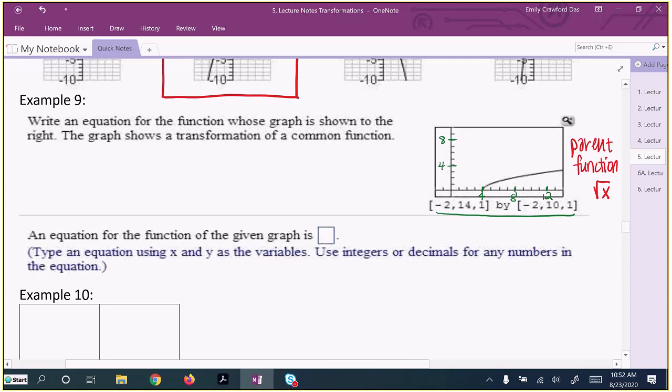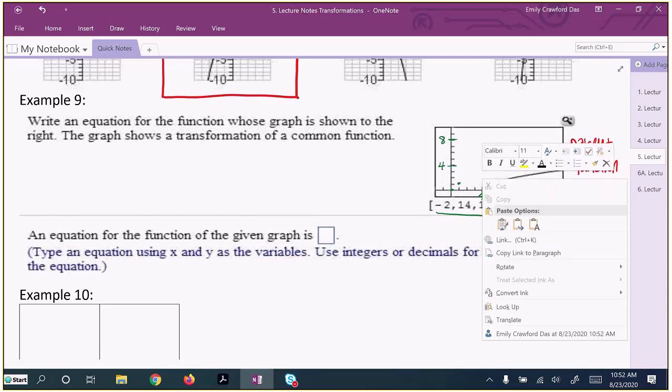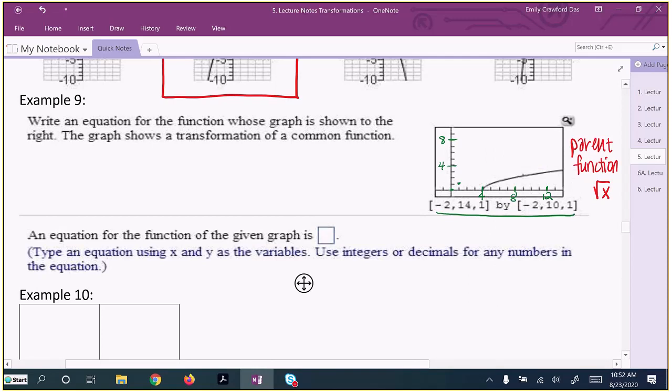So we know that the parent function square root of x does start here at the origin, and it would have the point 1, 1, and it would have the point 4, 2, and it would have 16 and 4, which is a little bit out of our scope, but it would essentially look like this. That would be the basic graph, square root of x.